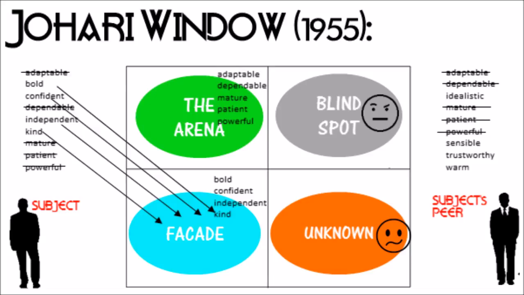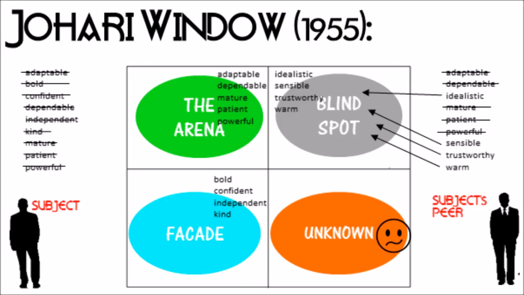Then the next step is to take all of the things that the subject identified as being characteristics of themselves, but that their peer didn't think described them very well. So those things are all items that get listed in the facade, because they're all things that even though the subject thinks that they describe themselves, they put forward a facade that is different to those items.